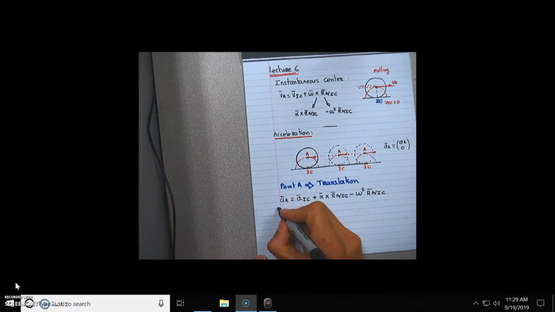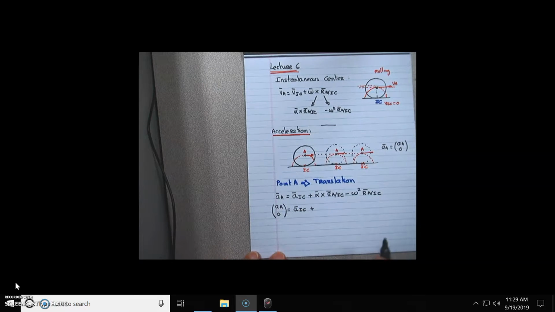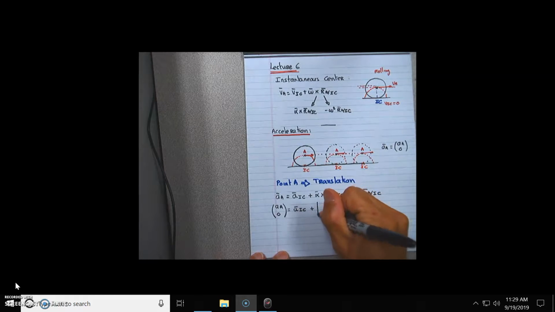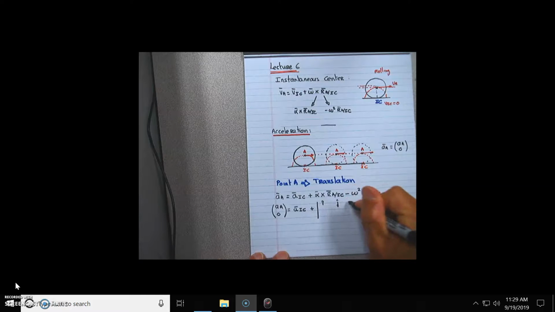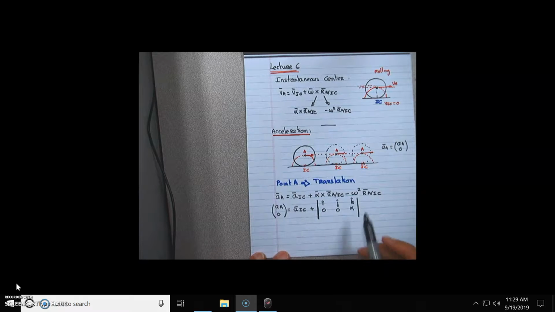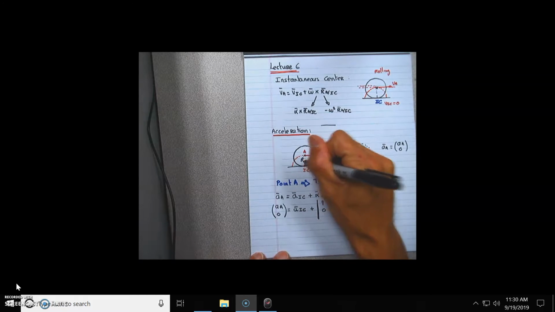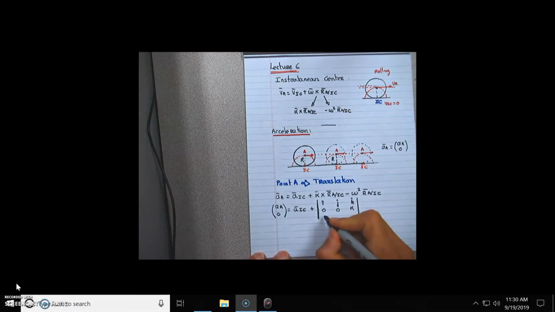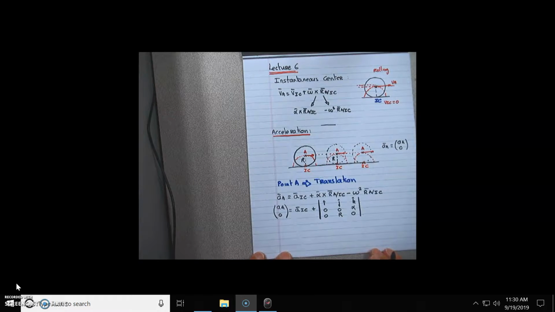So here we know the acceleration of A only has one component on the x. Okay, we know that. So now what should be the tangential? Should be equal to what? 0, 0, alpha. What is the position of A with respect to the instantaneous center? Okay, so it's 0, r, 0. What would be the normal or centripetal acceleration?